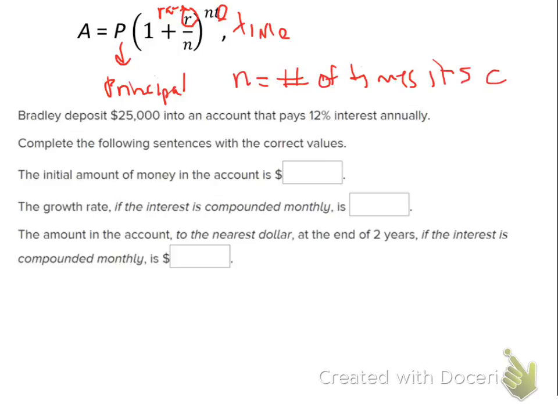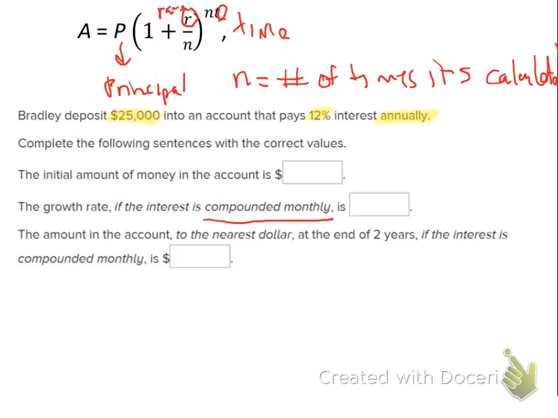So what happens sometimes is when we have a bank account, they say it's calculated monthly, compounded monthly. It's calculated daily. Now, the more often they calculate it, the better outcome you're going to have. So let's fill in this information here. It says Bradley deposits $25,000 into an account that pays 12% annually.